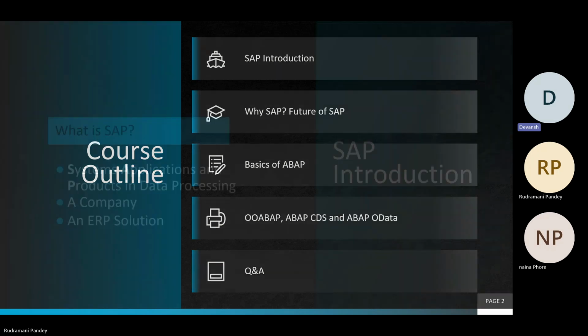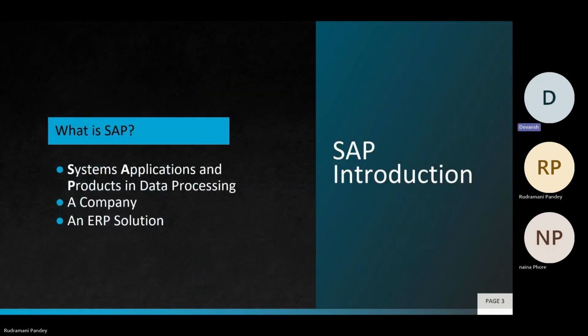Rudra, can you go to the next slide? So yeah, what is SAP? So basically, SAP is an organization which builds its product, which is an ERP. ERP is an enterprise resource management solution, which is being used in industries and factories for their management.